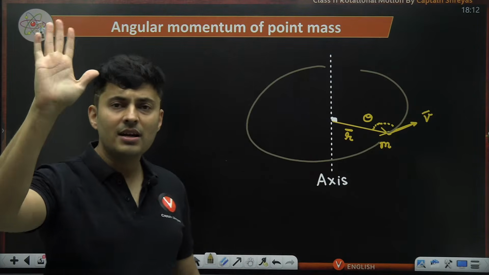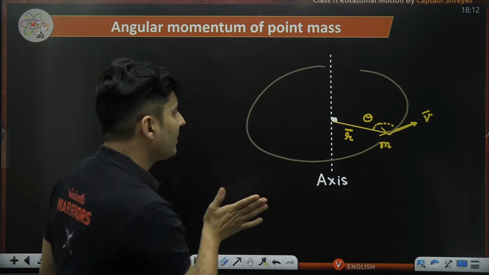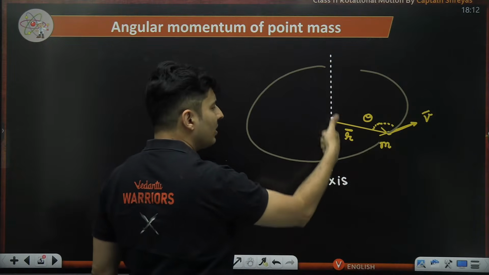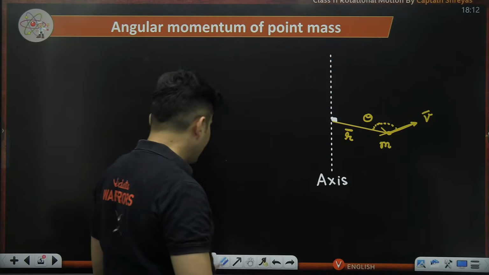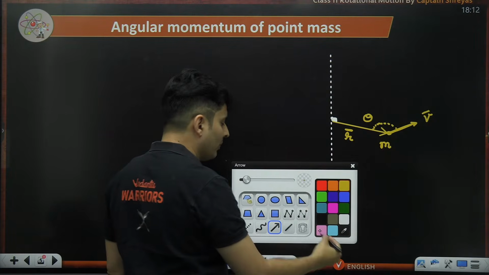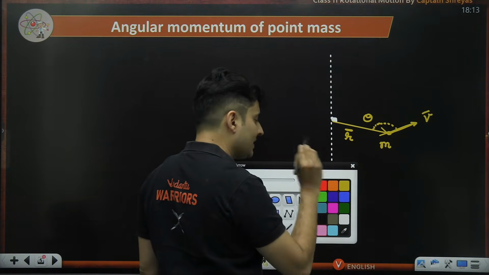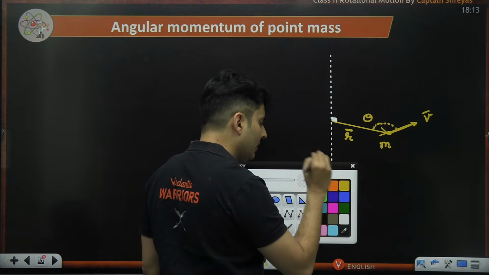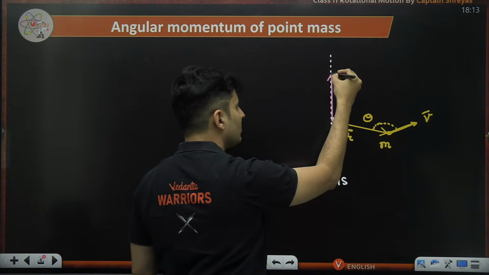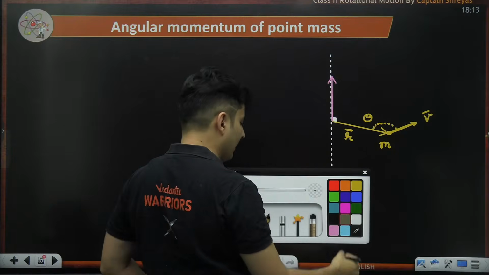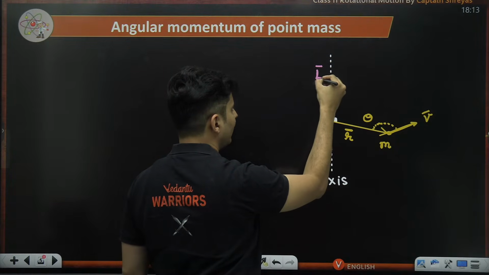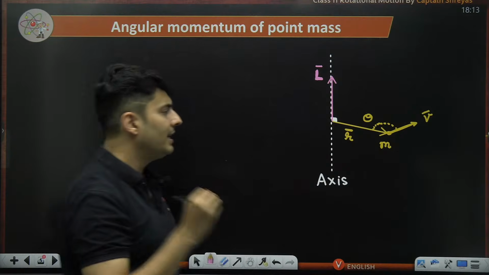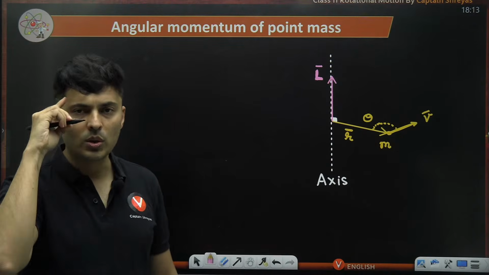So if you take the fingers of your right hand and curl it about this axis, you notice the thumb is going up. So that's exactly where your angular momentum is going to be. So the angular momentum will be a vector which is going to be like this. This is your angular momentum vector using your right hand thumb rule.